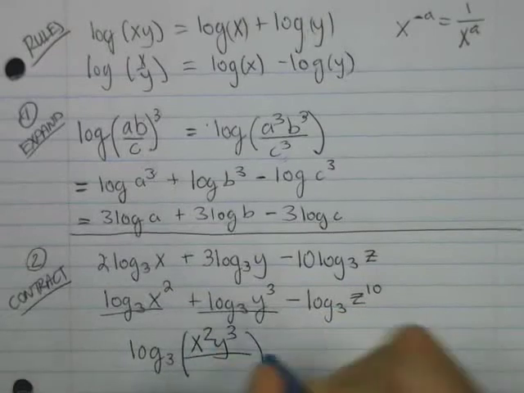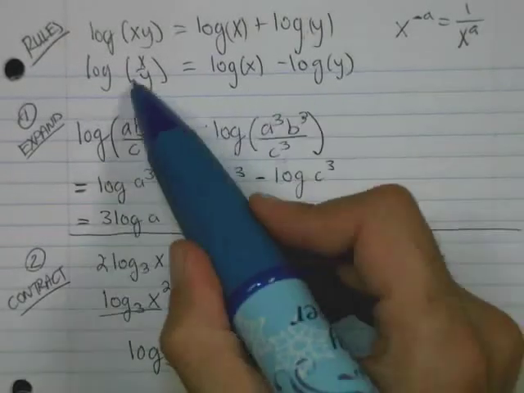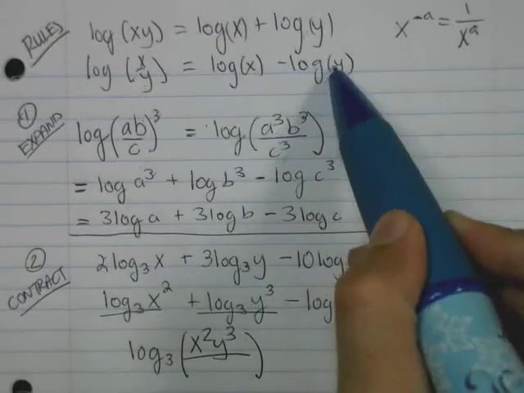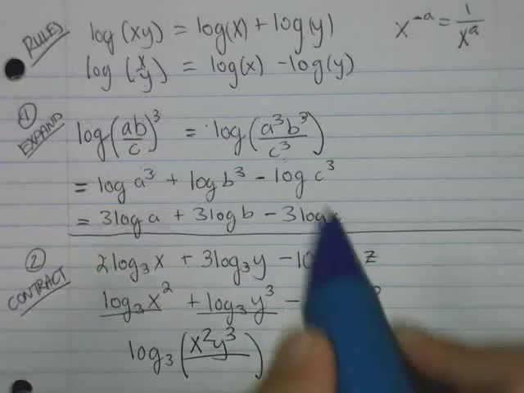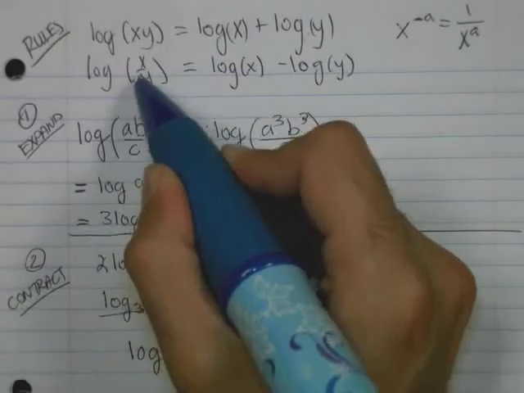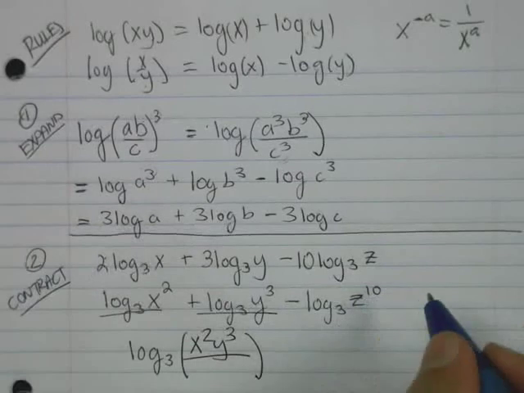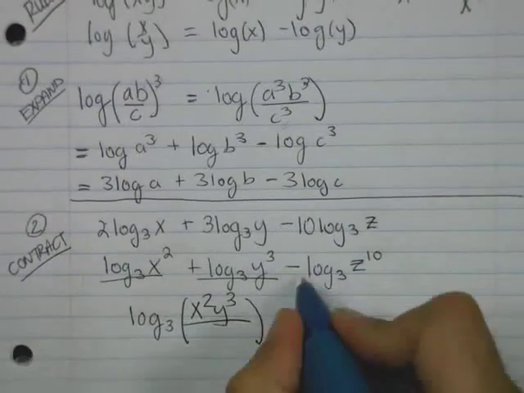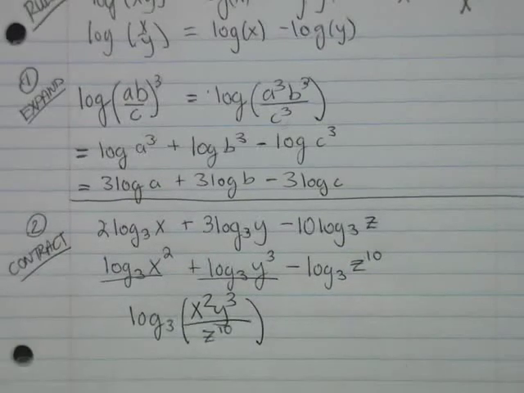This rule says that if I have something being divided, then it's being subtracted. So if I have something that's subtracted, it's as if I were dividing it inside of the log. So what's being subtracted? That's right. This is being subtracted. So I write z to the 10th power. And that is my solution.